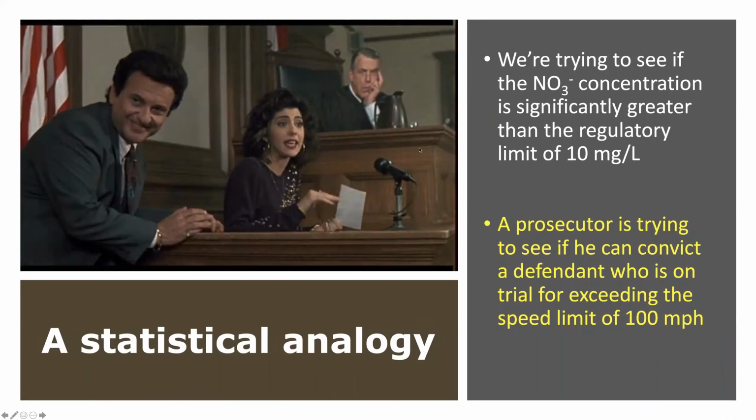The analogy in a court setting is shown here in the yellow text. So in a court, we might have a prosecutor who's trying to see if the defendant can be convicted. Let's say the defendant is on trial for exceeding a speed limit while driving, exceeding the speed limit of 100 miles per hour.